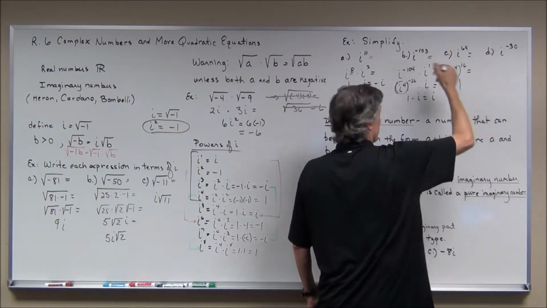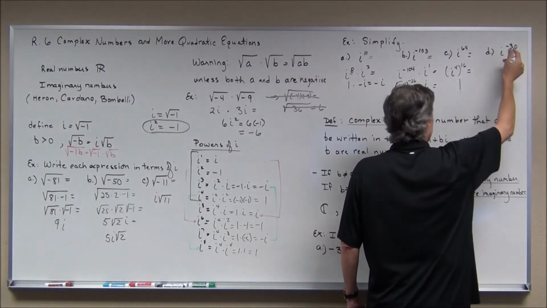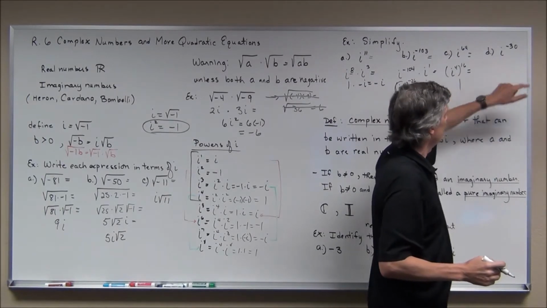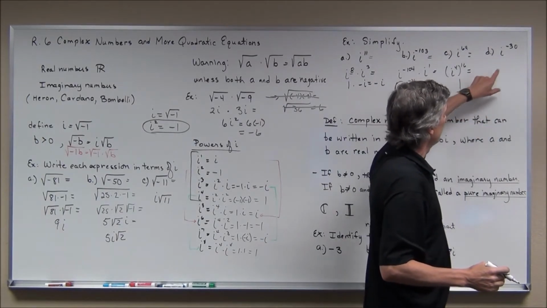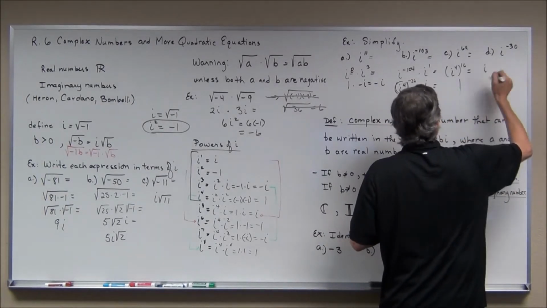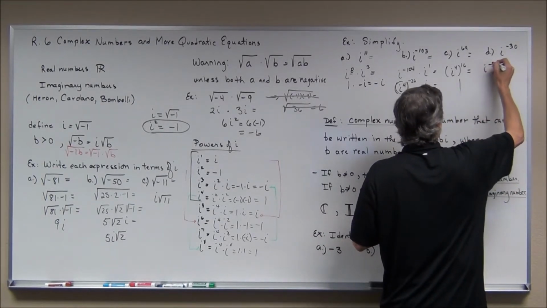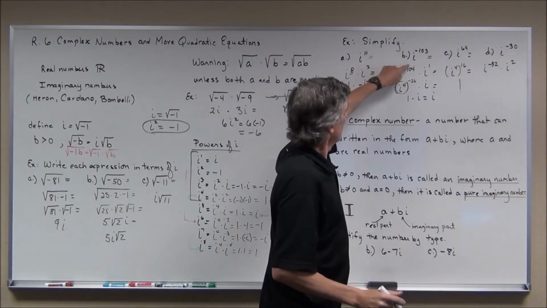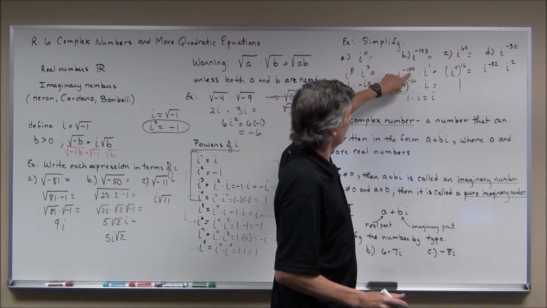Over here, another one with a negative exponent. I'm going to rewrite this. Now, I want a multiple of 4, but I don't want a multiple of 4 bigger than negative 30. I want to find the largest multiple of 4 that's less than negative 30. So I'm thinking I to the negative 32 times I to the second power. Remember back here, I broke this one down to negative 104 times 1.